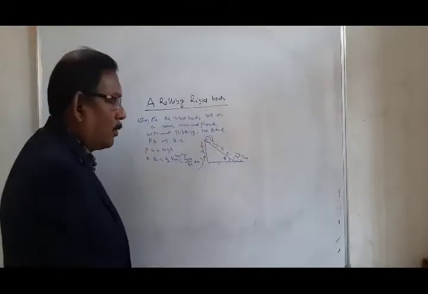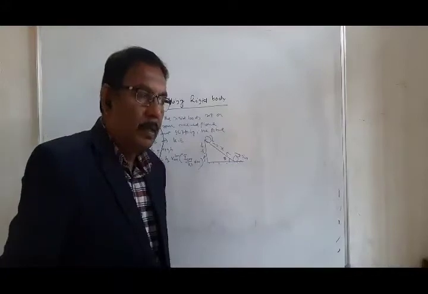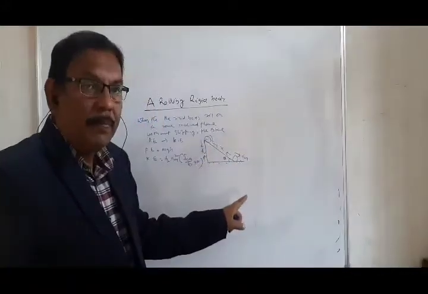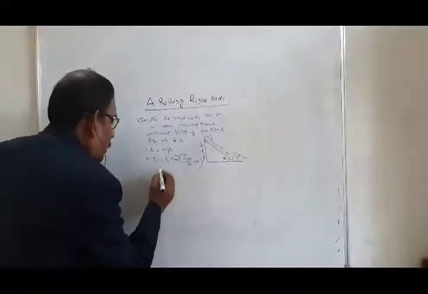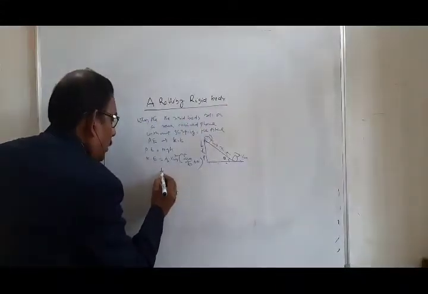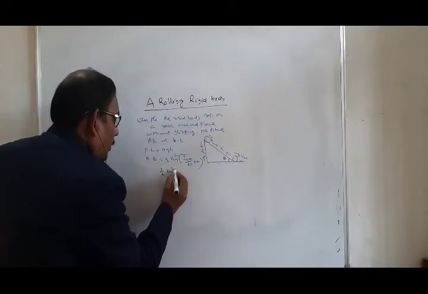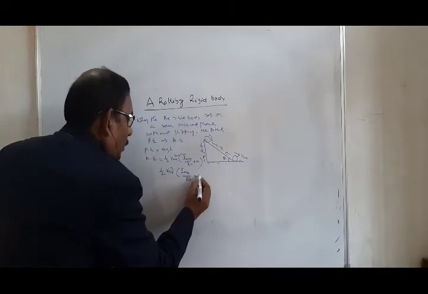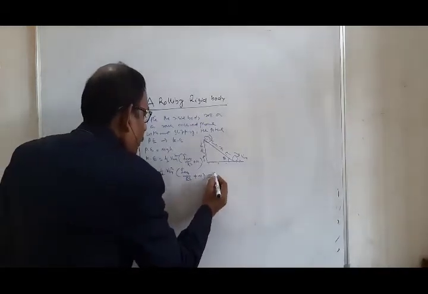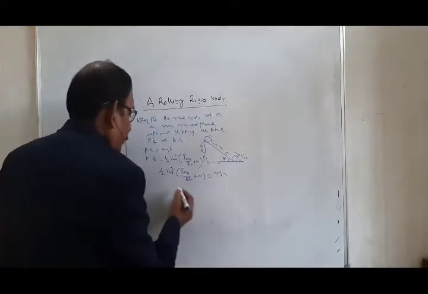Here, when the body rolls from top to bottom on a rough inclined plane, the whole potential energy is converted into kinetic energy. So it is half V_CM square times I_CM by r square plus m equal to m g h.